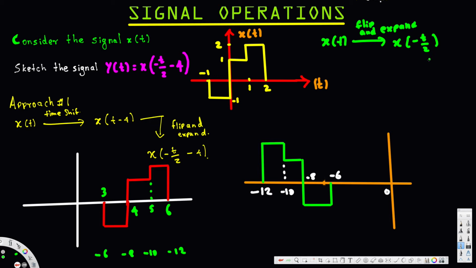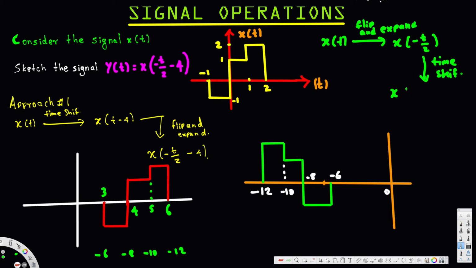But here we have to be careful, because after we do the flip and expand, when we do the time shift, we have to take this -1/2 common. If we just do the flip, we have to take the negative common, but if we do the flip and expand, we have to take both common.